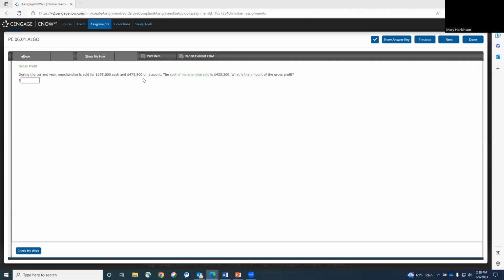But we've learned that when you have either a cash transaction or an on account transaction, they're both reported to revenue. And again, sales is revenue. So we would literally add the cash sales and the on-account sales together to get our total sales.